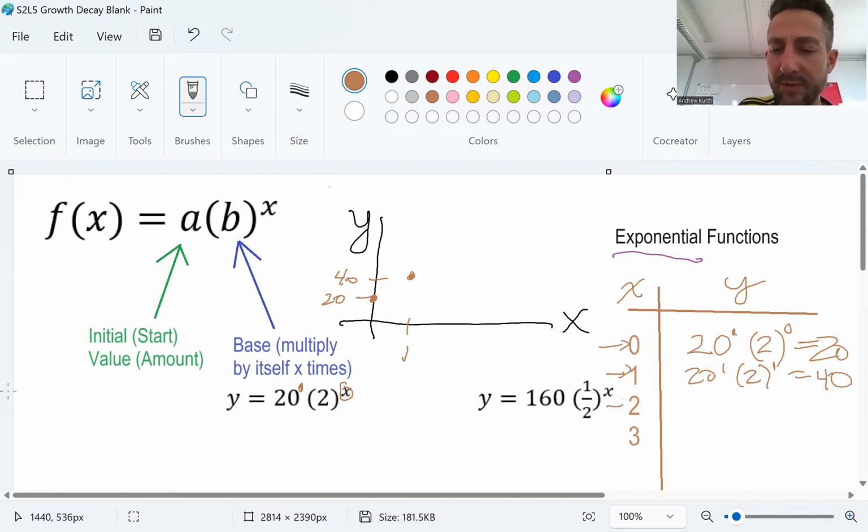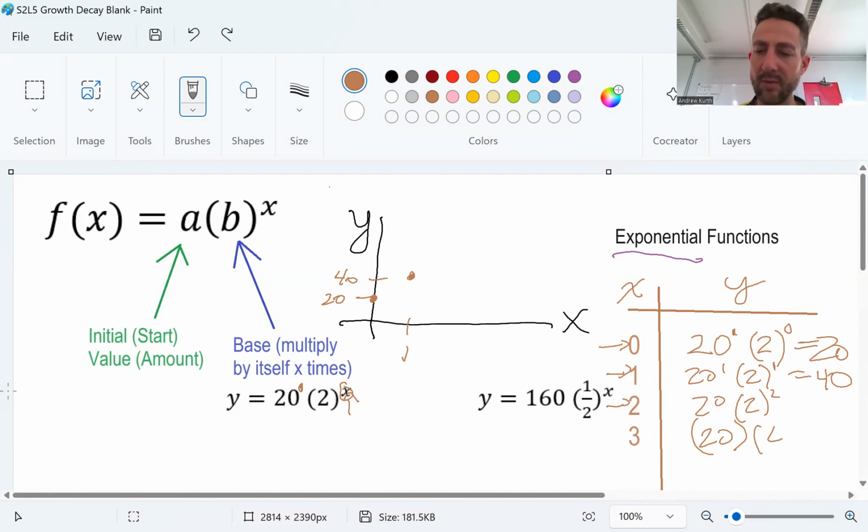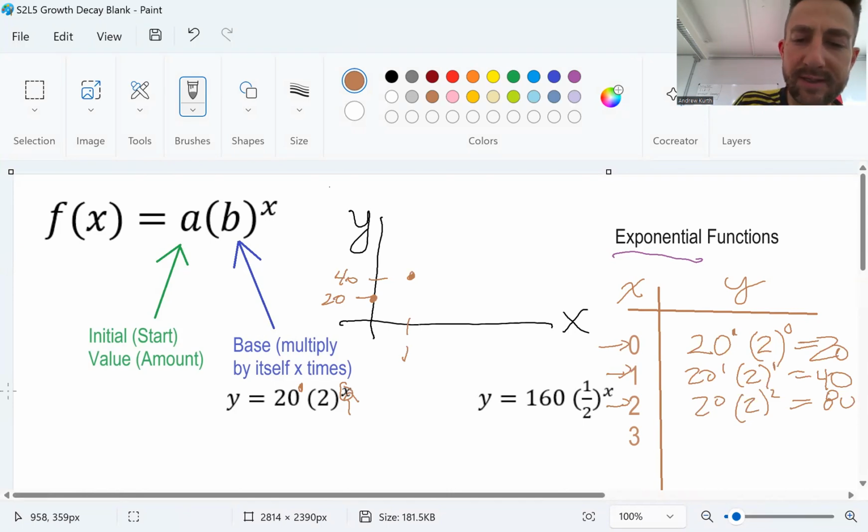For x equal 2, 20 multiplied by 2 raised to the second power. 2 to the second power is 2 times 2, so that's 4. So we have 20 times 4, which is 80. So that's x equal 2 and y equals 80.